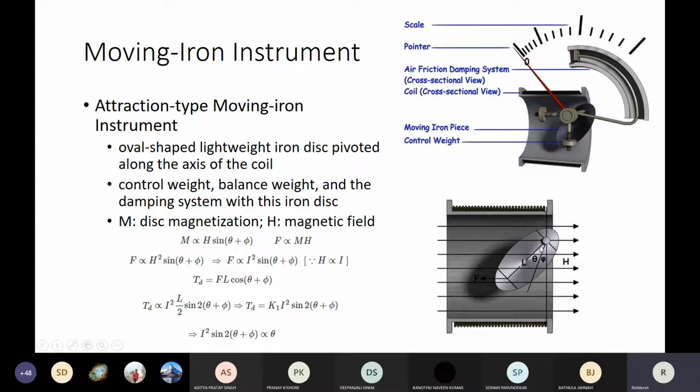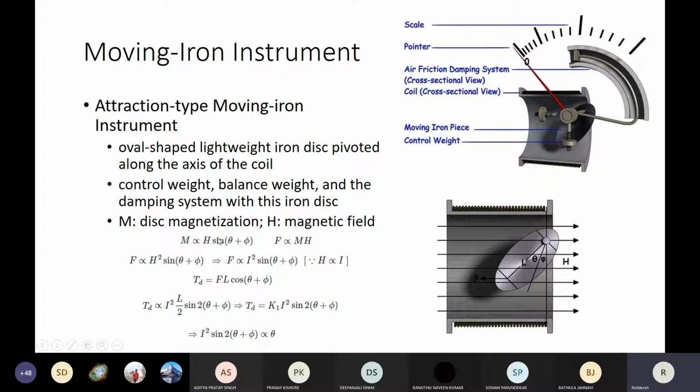So when theta is 0, whatever angle the major axis of the oval shaped iron disc makes with the vertical axis, that is this phi. So theta plus phi is the total angle once some amount of current flows and the pointer is deflected by an angle theta, right?